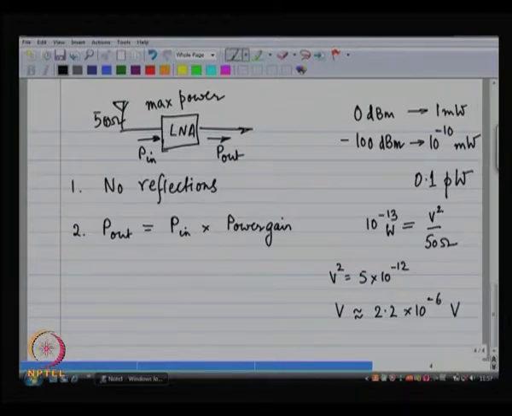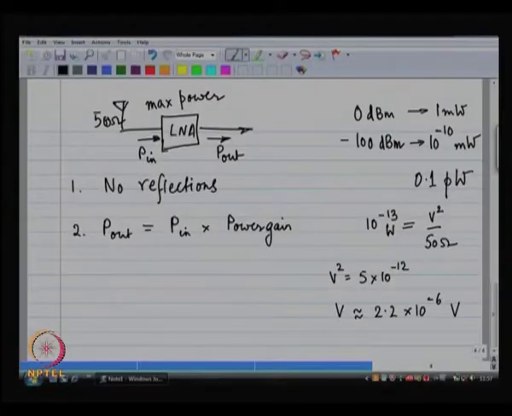So, it is something like this, 2.2 microvolts. So, that is the amount of voltage that you want to sense. For this kind of a power level, that is the amount of voltage that you have. Okay. So, that is why maximum power transfer is important for us.